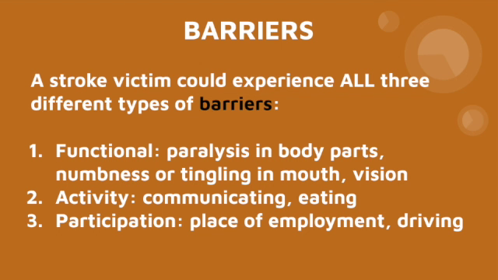Or number 2, activity barriers, which just include your everyday daily activities, such as communicating and eating. Or number 3, participation barriers, such as your place of employment, being able to go to your job, driving to the grocery store, different things like that.